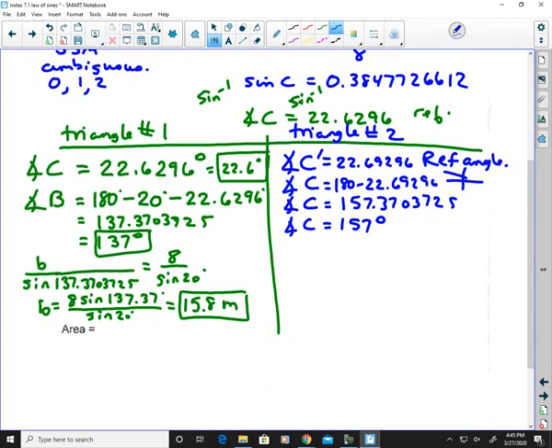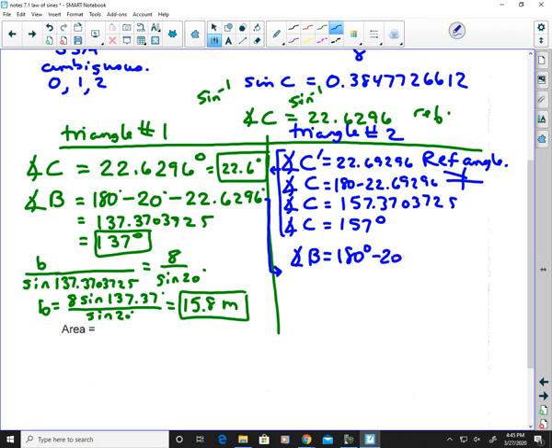So that was my calculation for angle C. That corresponds to that line. Now let's look at my calculation for angle B. It's going to correspond to this line, my angle B. It's going to look really similar. Angle B is going to be 180. See how that's the same?